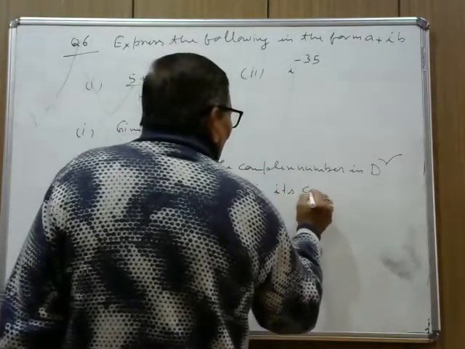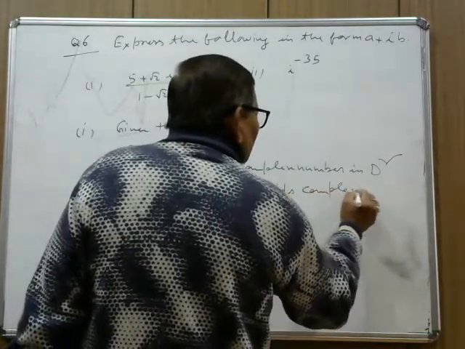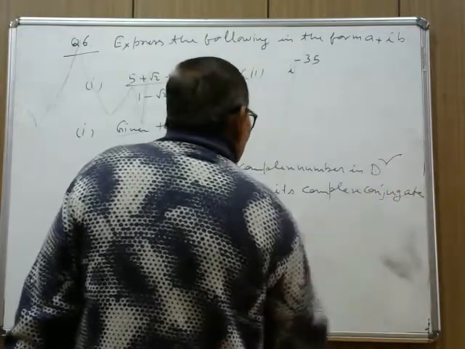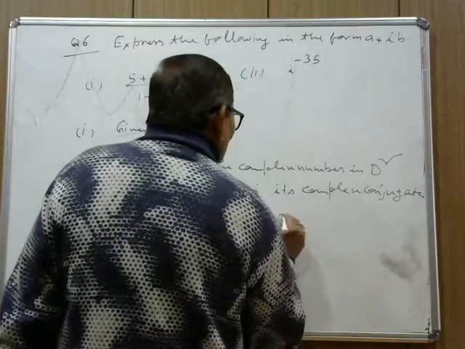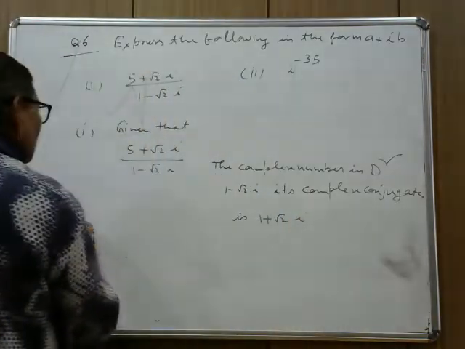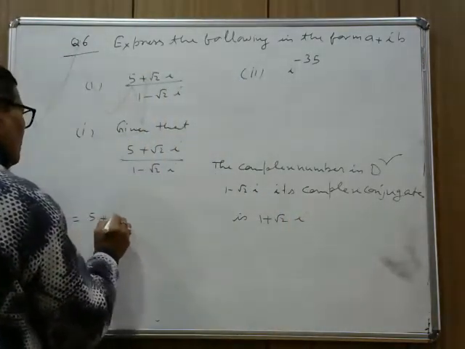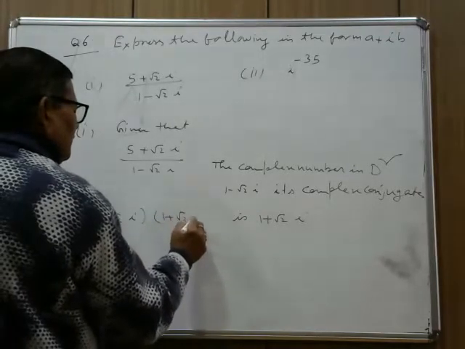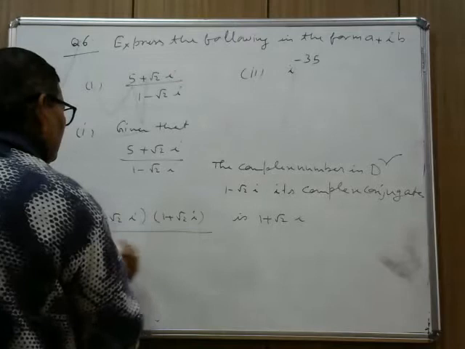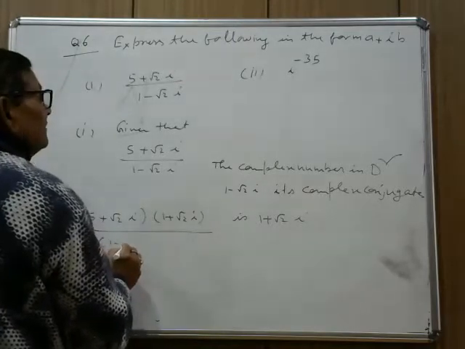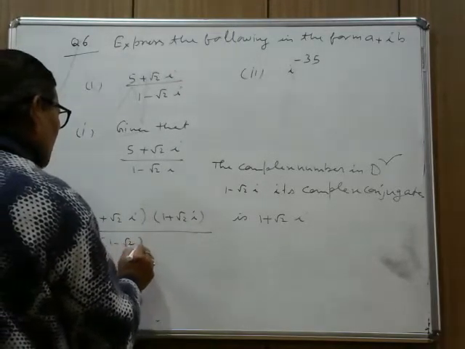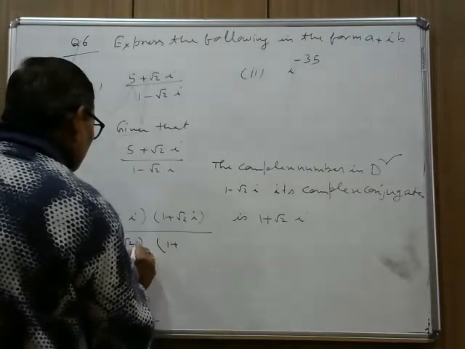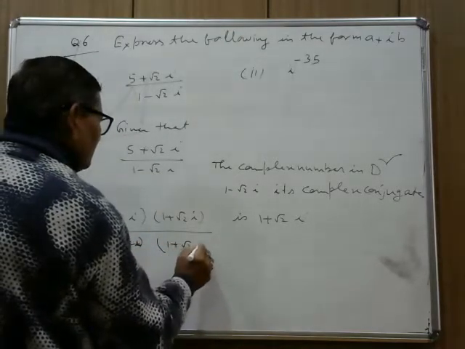Its complex conjugate is 1 plus root 2i. So that is equal to 5 plus root 2i multiplied by 1 plus root 2i upon 1 minus root 2i into 1 plus root 2i.